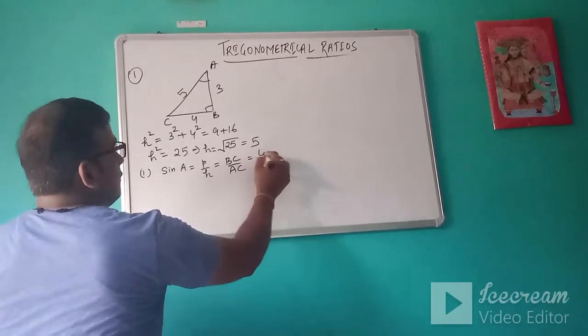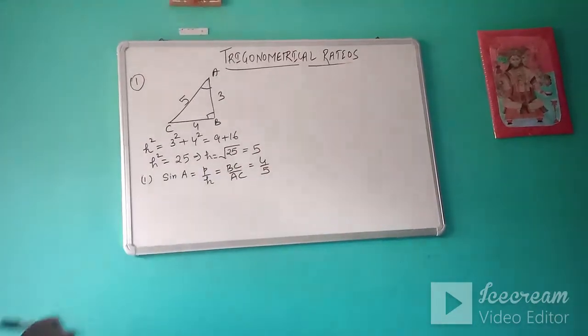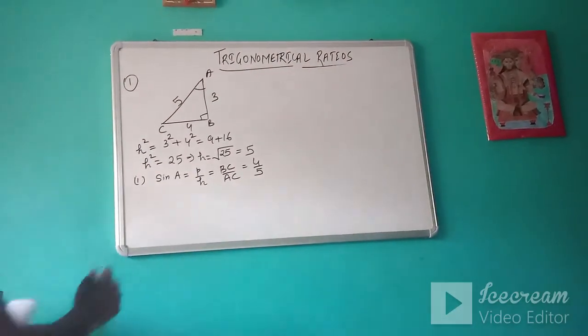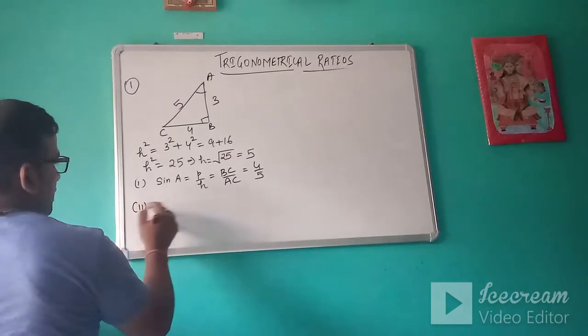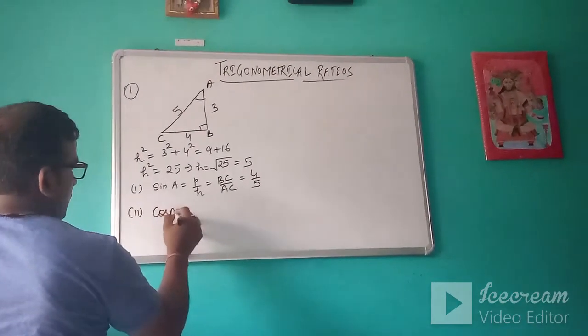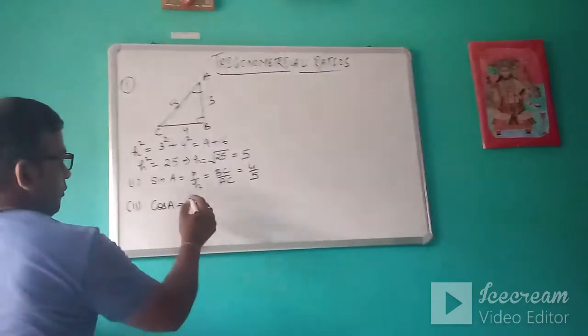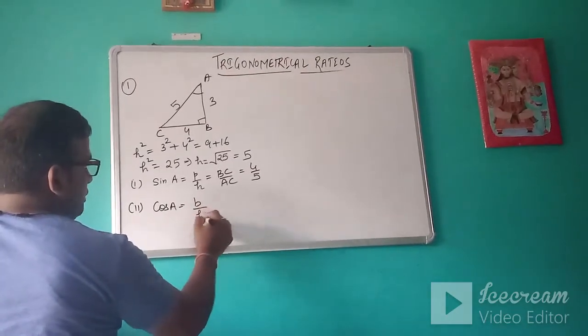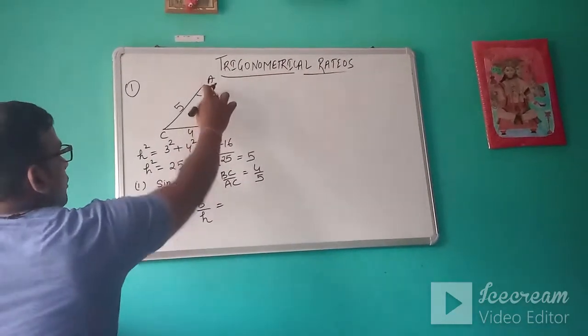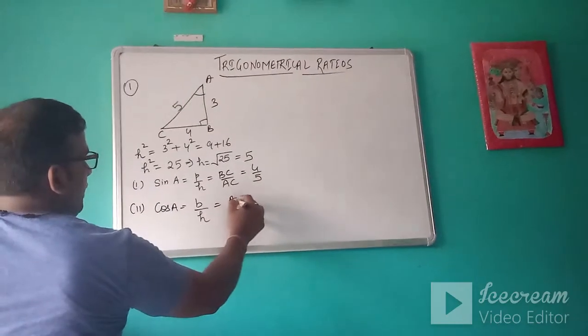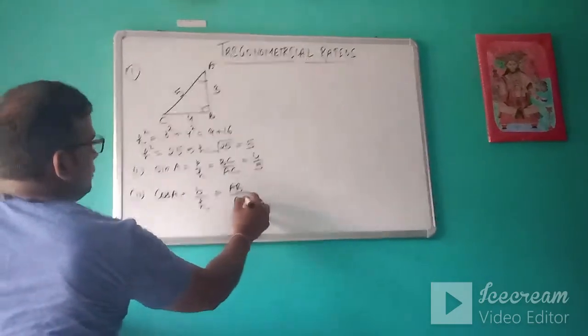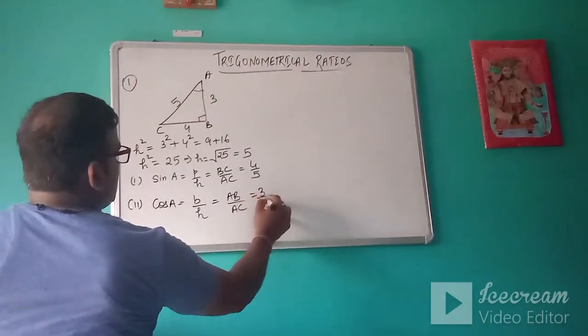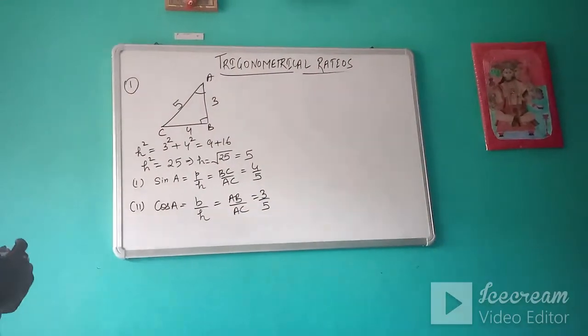So it will be 4 upon 5. Then the second trigonometric ratio asked is cos of A. What was the formula of cos? B upon H. And for this A, what is the base? AB. And what is the hypotenuse? AC. So it is 3 upon 5.